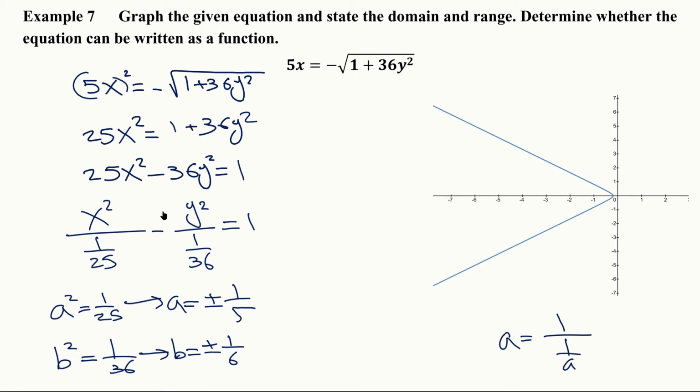Okay, so starting at the center, you go 1/5 to the left, 1/5 to the right. It's a very bizarre kind of looking hyperbola, right? And 1/6 above and below. So it's going to be a tiny box.